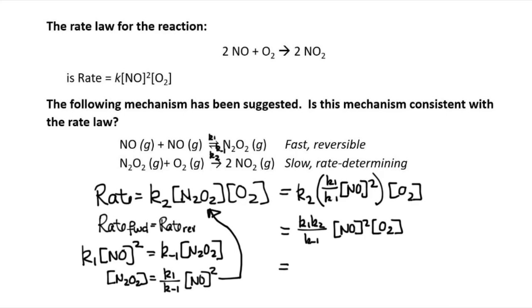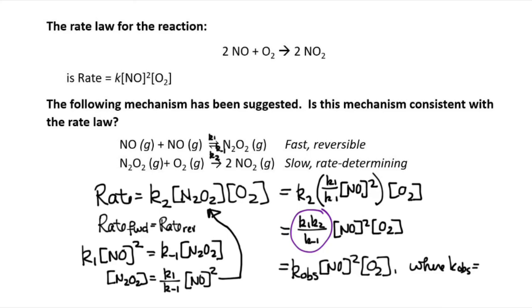When we do an experiment, we don't get all of these individual rate constants. Instead, we just measure a K observed. So the rate is K observed times NO squared times O2, where K observed equals K1 times K2 divided by K-1.